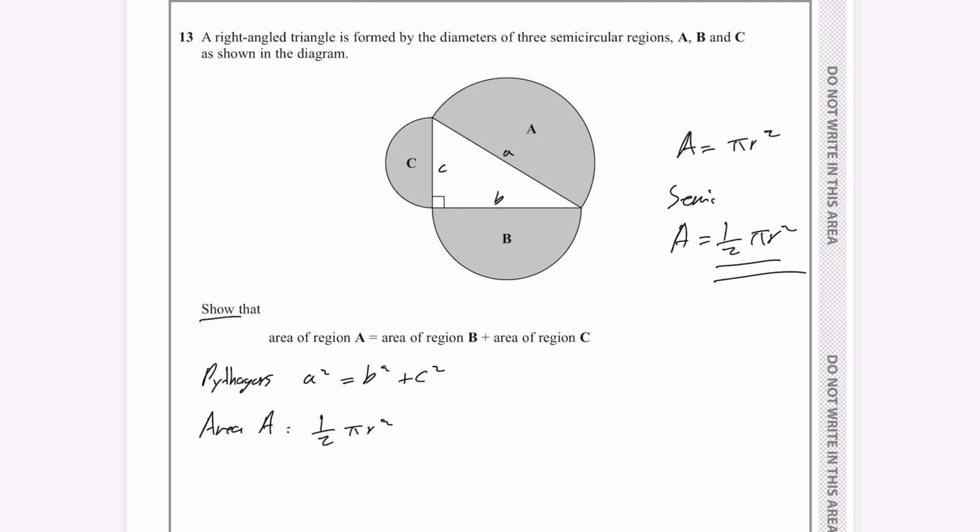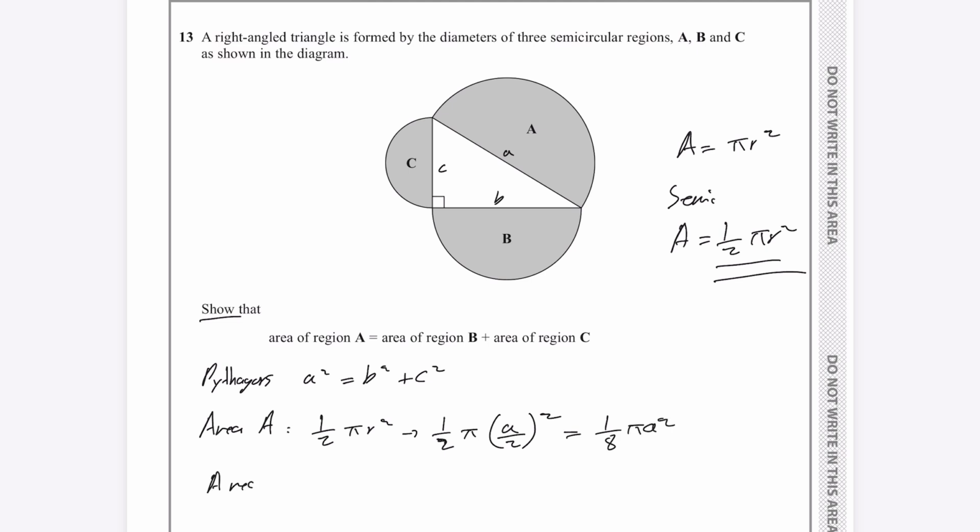So now we know that the radius, I've written this as a. Sorry, the diameter is going to be a. So the radius is going to be just half of that. So that's going to be a half a. So I can then write this as half pi, and the radius is going to be a over 2 all squared. And then that can simplify to 1 over 8 pi a squared.